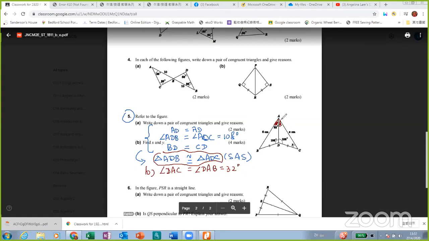And then after you have told people that angle DAC is also 32 degrees, you can write down y plus 32 degrees plus 108 degrees equals 180 degrees, angle sum of triangle. Now you must write down this one.